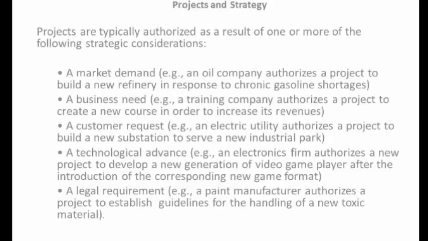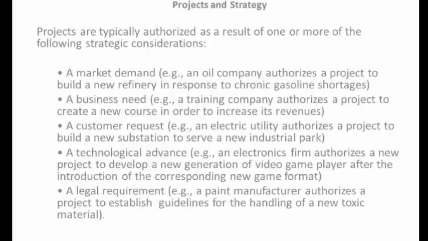See, some of these have strategic considerations. A market demand: an oil company authorizes a project to build a new refinery in response to chronic gasoline shortages. A business need: a training company authorizes the creation of a new course in order to increase its revenue.